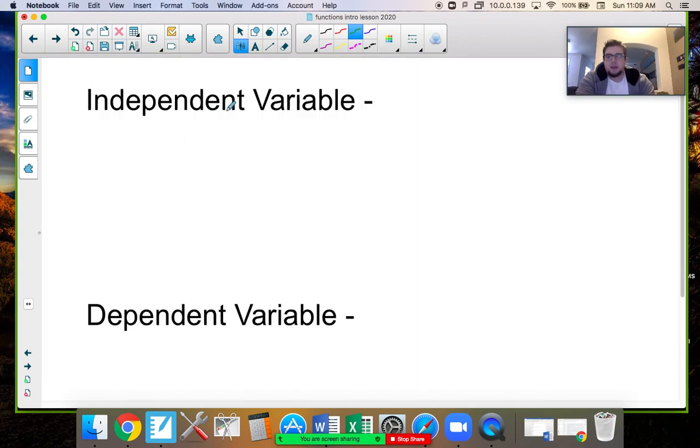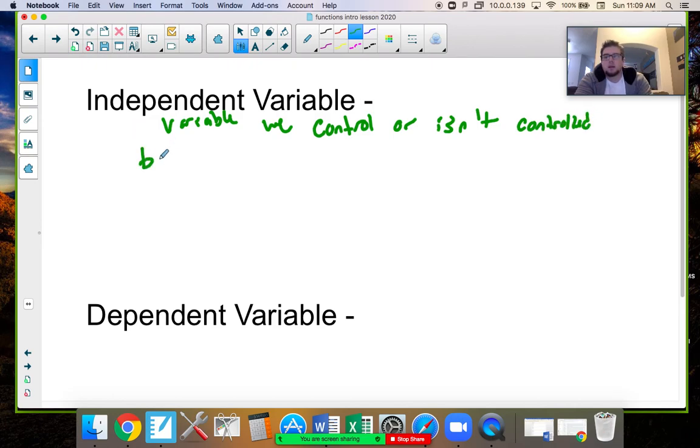Independent variable and dependent variable, just like in science. The independent variable is the variable we control, or isn't controlled by anything.